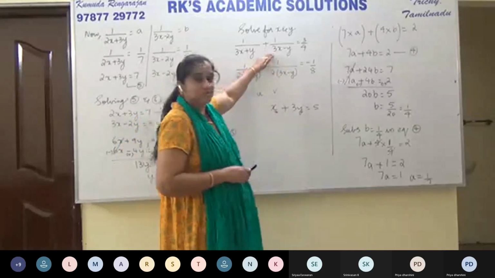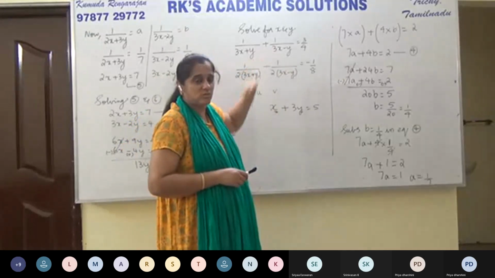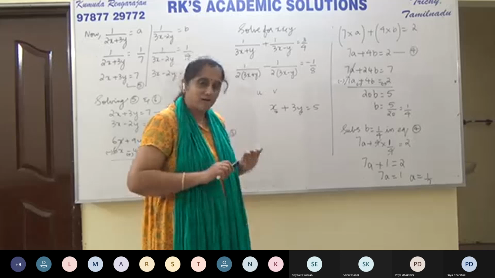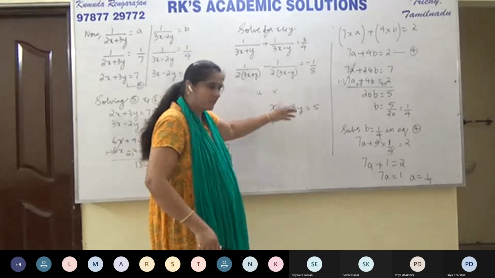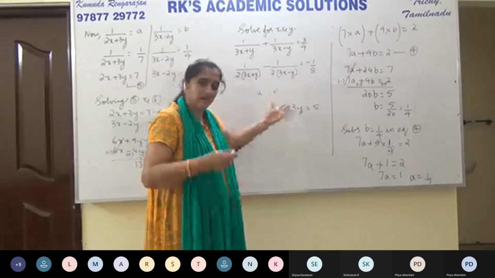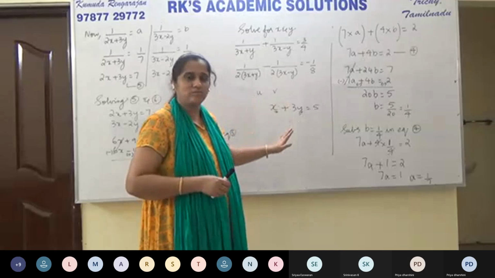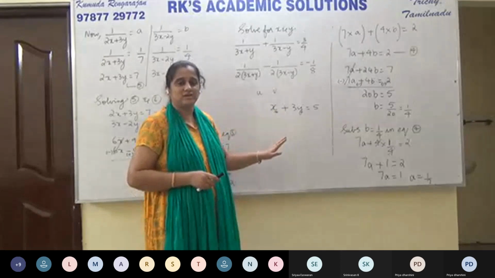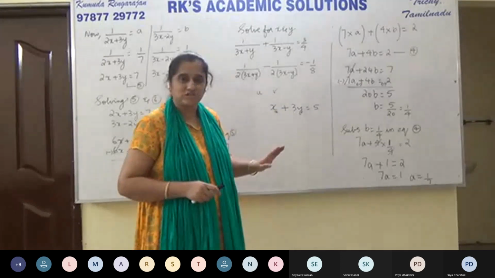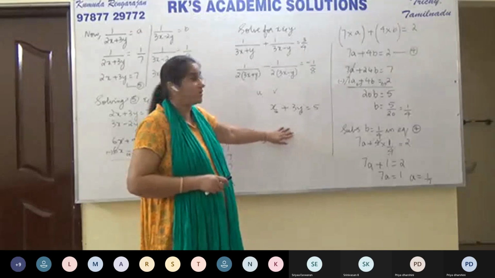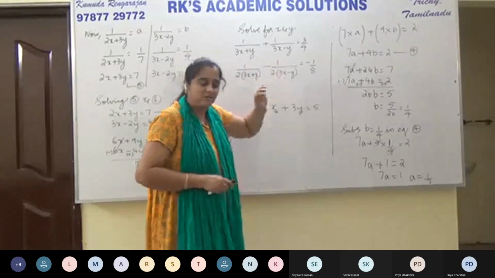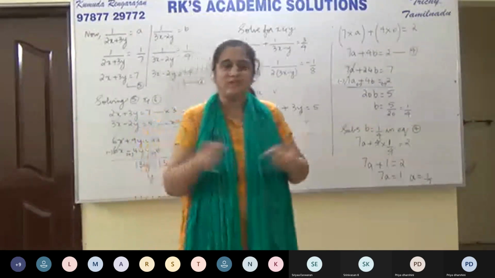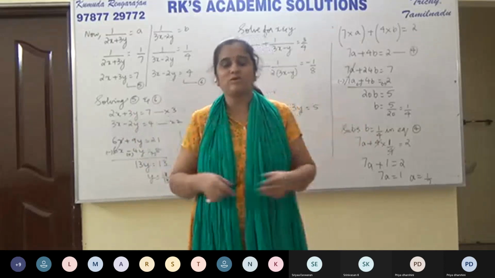You will get x square and y square. These are not linear equations in x and y. This one, you write this in any form. X is still going to remain x, y is going to remain y. The power of x and y will not change. Linear equation in x and y. This one, when you take the LCM, the x and y is going to look different.